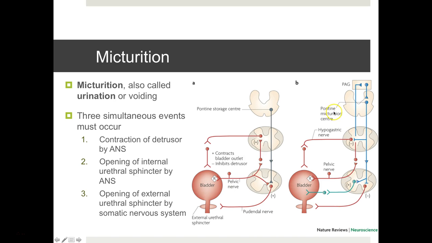Now this second image here is showing us our voiding reflexes. So when we are trying to eliminate our urine, we are going to get intense bladder afferent firing in the pelvic nerve that's going to, now stay with me here, activate our spinobulbospinal reflex pathways. And this is really showing us our pathways in blue here.